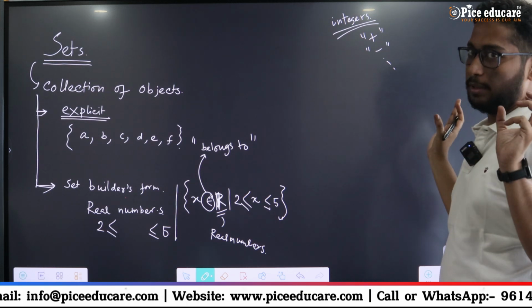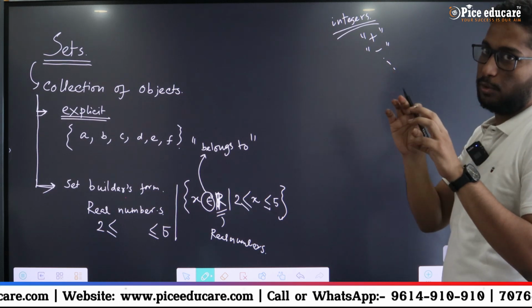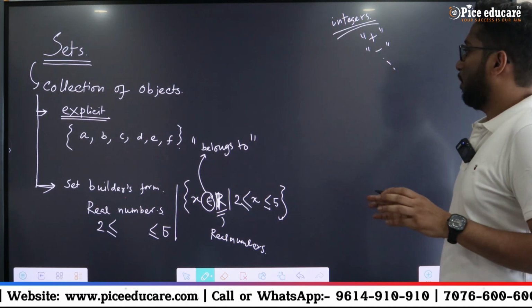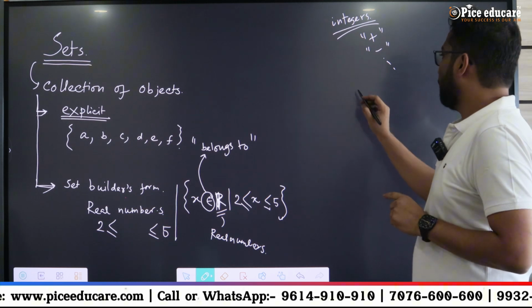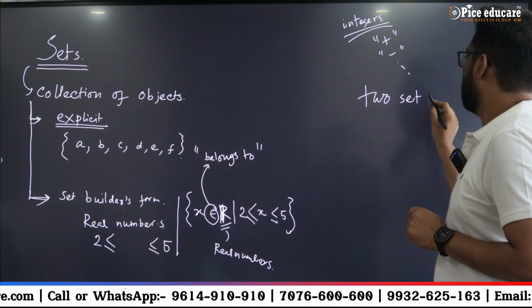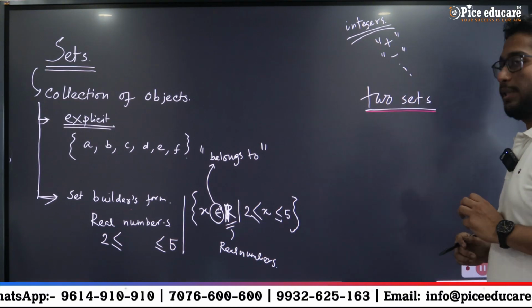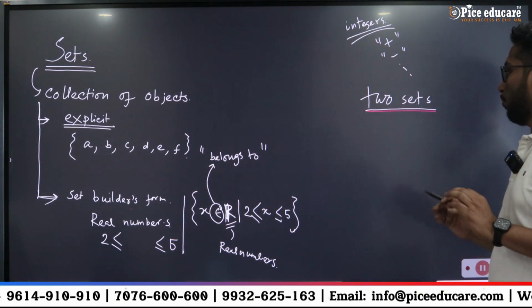It's binary. Every time there are two objects and there is a certain operation going on between them. So similarly, if I have two sets, there are certain operations that you can do within two sets.